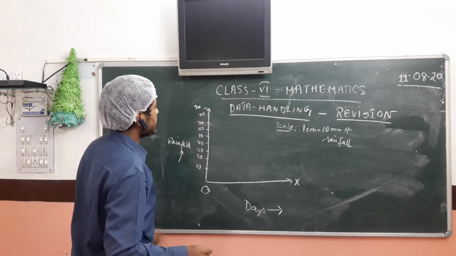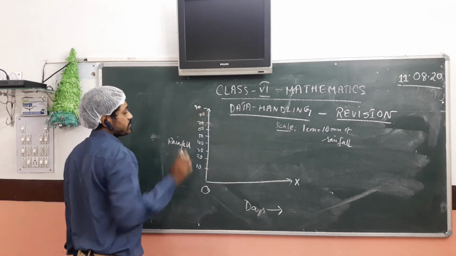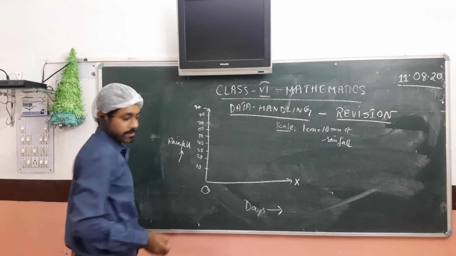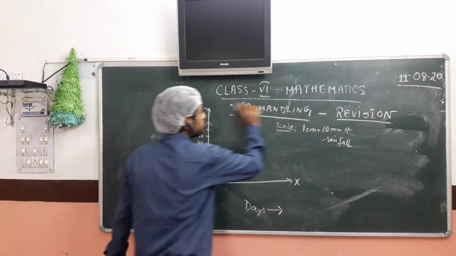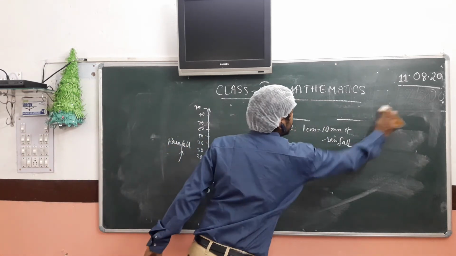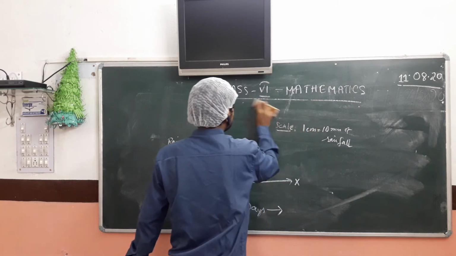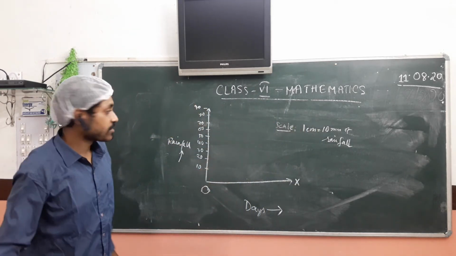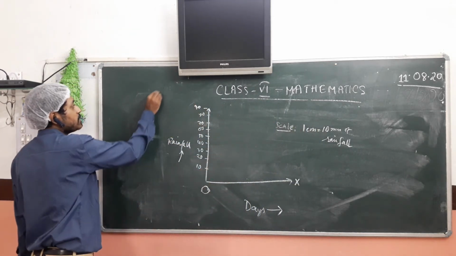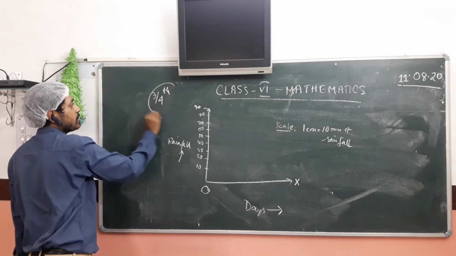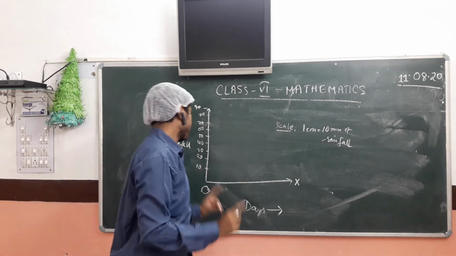This is an indefinite line, so it can go on as much as we want. But since our maximum is 80, we should keep it up to 80. The scale should always be written on the top right hand corner of the graph. Your graph should cover at least 3/4 of the net graph area.